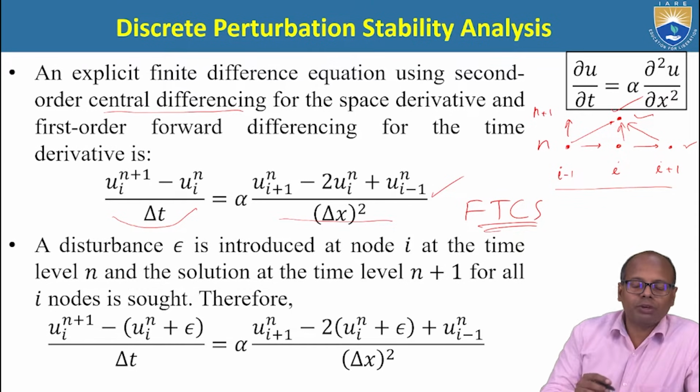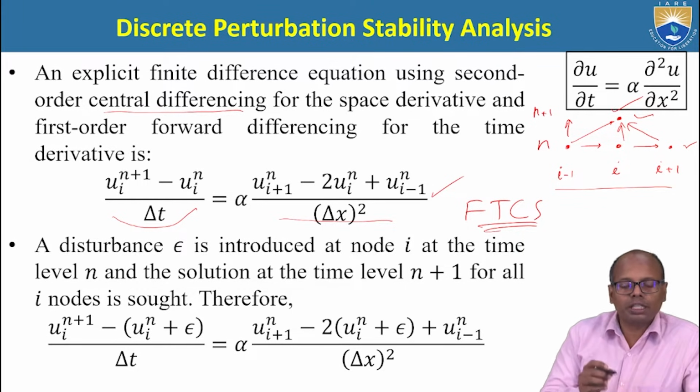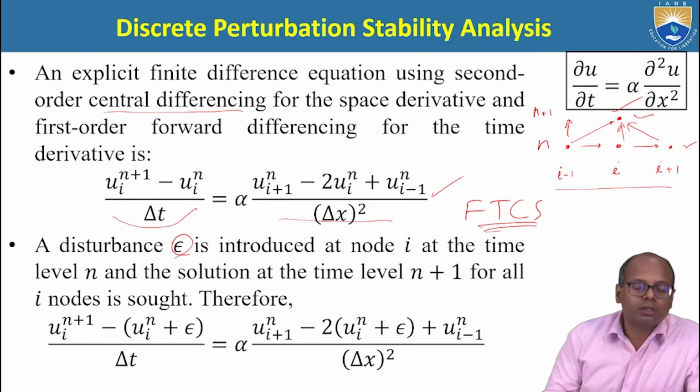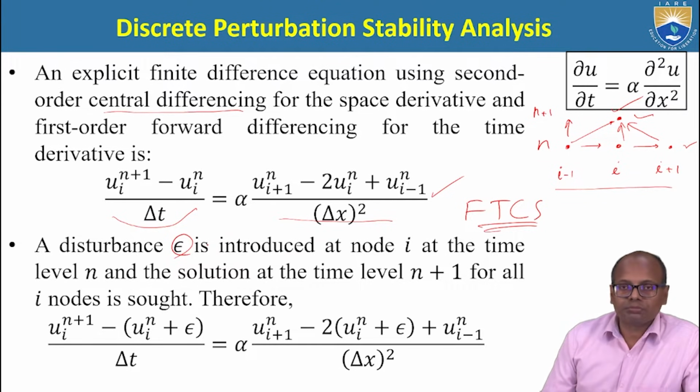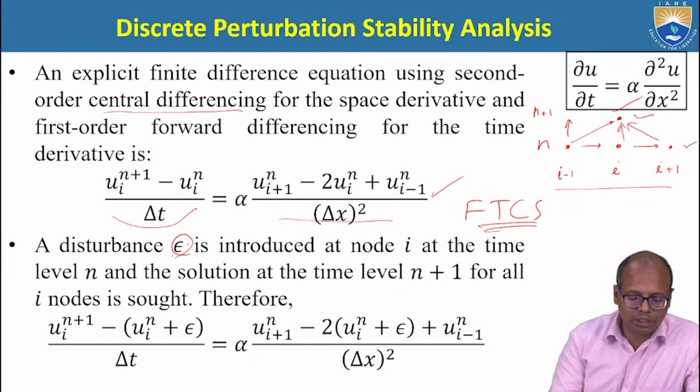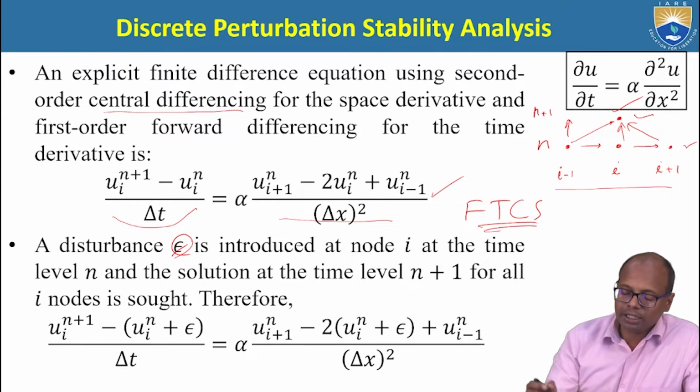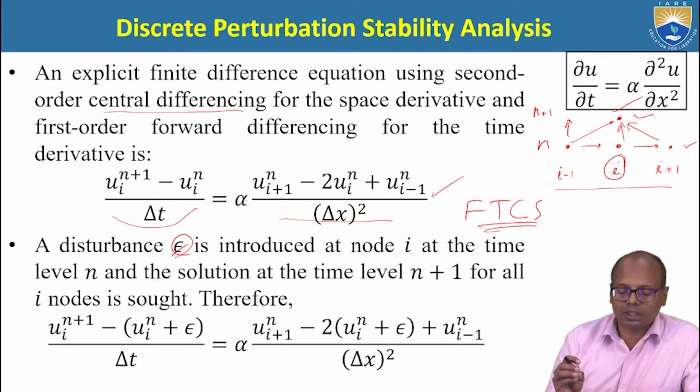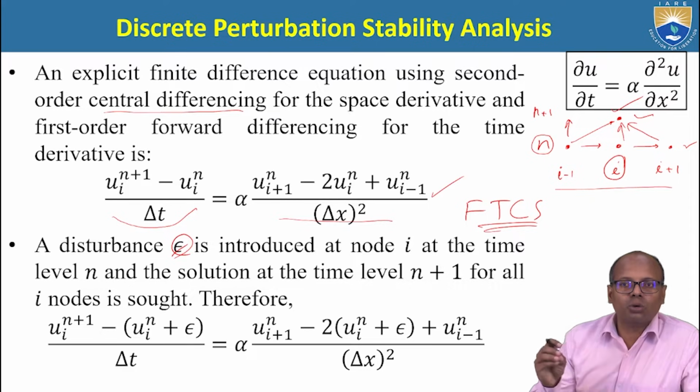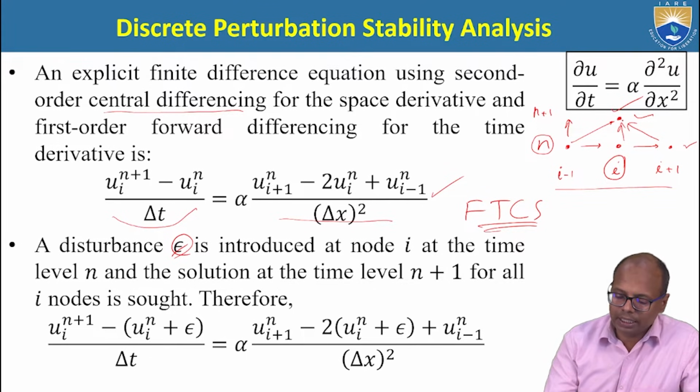Suppose I introduce a disturbance, this epsilon, at the ith node, and at time n. So in time n and node I am introducing the disturbance, and we have to see how that is felt at node I and time n plus 1.